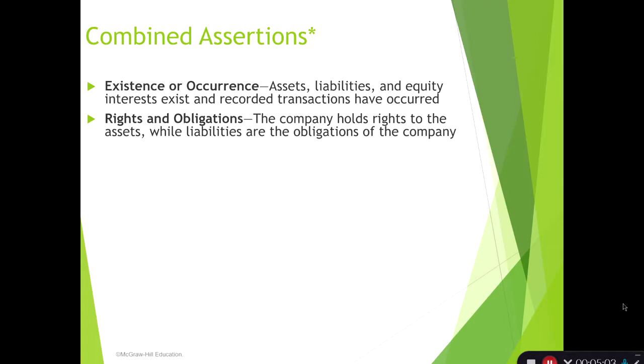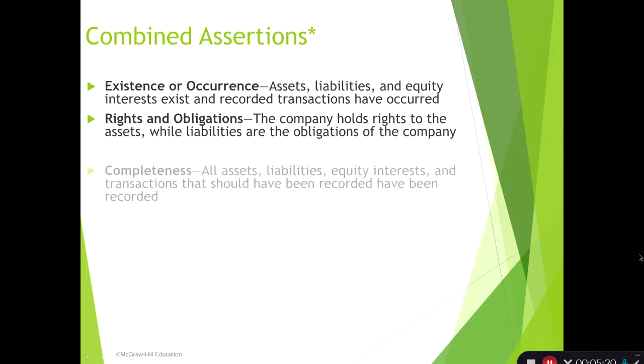Most of the time, you're not going to have companies trying to claim too many liabilities, but there may be situations where they actually could have an incentive to do so. But rights and obligations are just that the assets and liabilities that are listed on the balance sheet, the company actually has the rights to those assets, and actually those are obligations of the company.